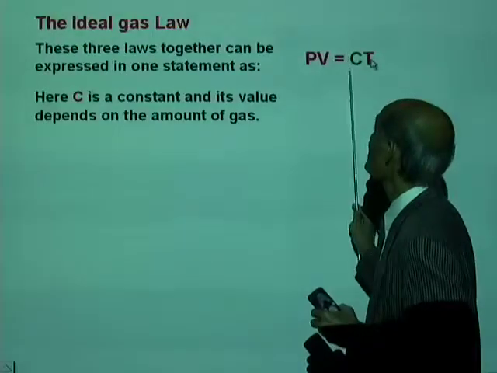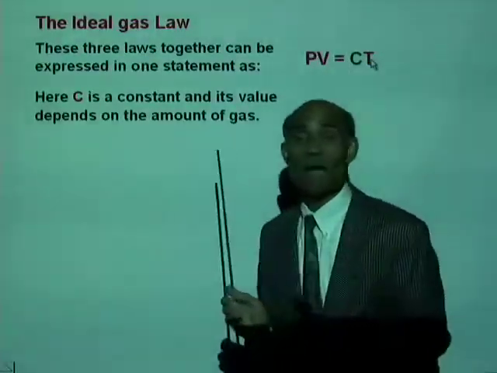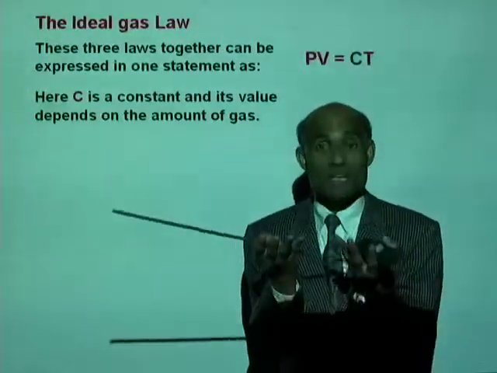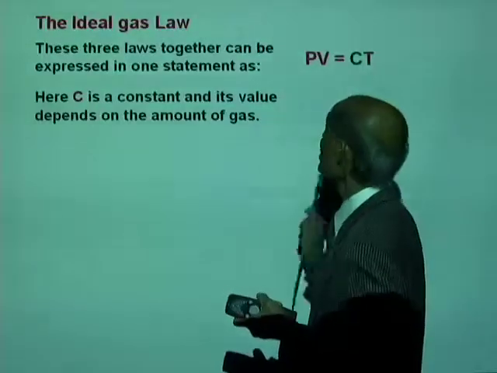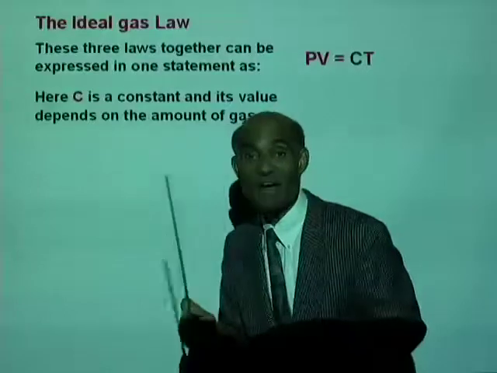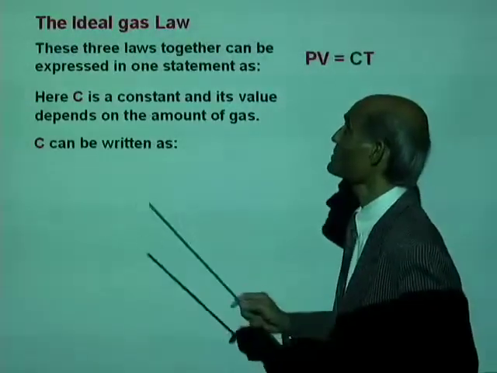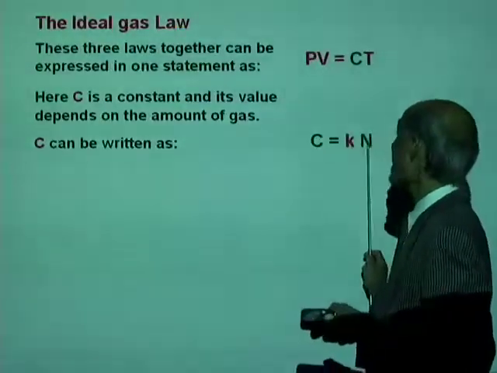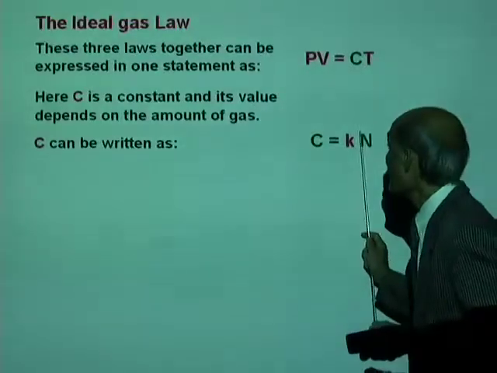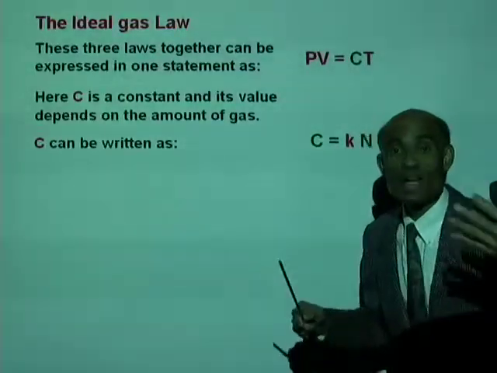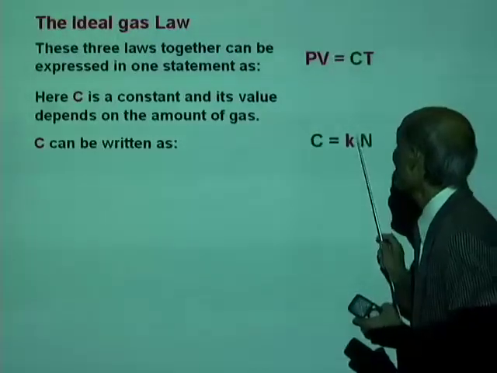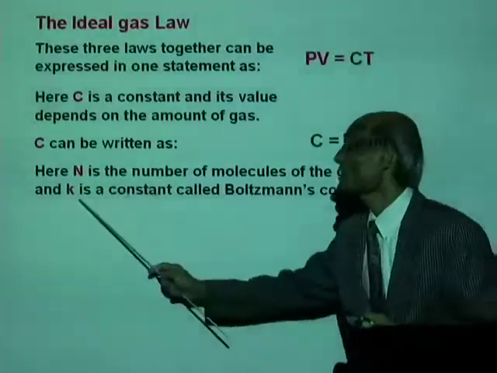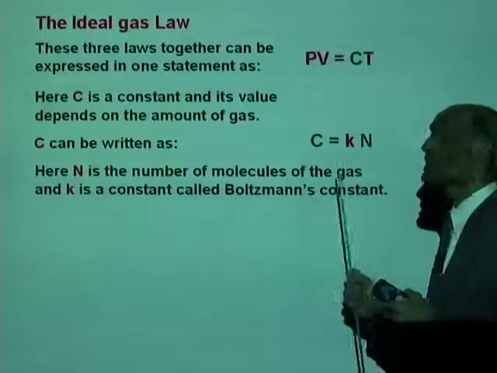And now, what does C stand for here? C is a constant, and what does its value depend on? It depends on the amount of gas that you have taken for your study. And I'm going to write C as C equal to K times N, where N is the total number of molecules of the gas, and K is a constant called the Boltzmann constant.